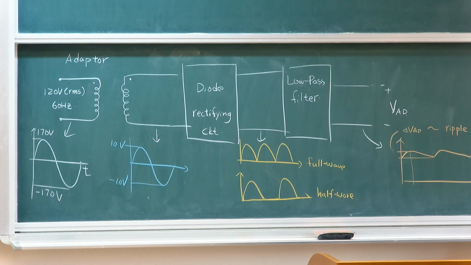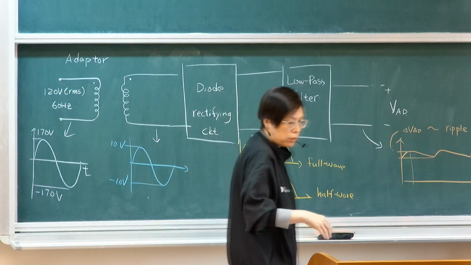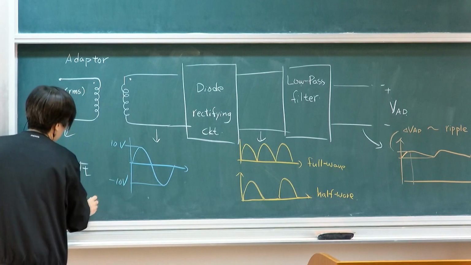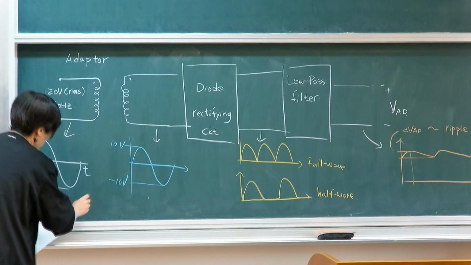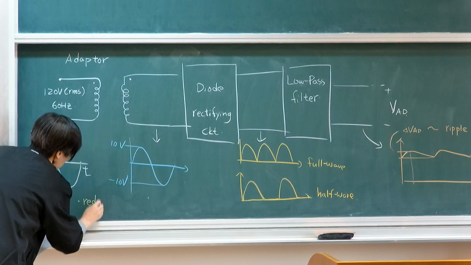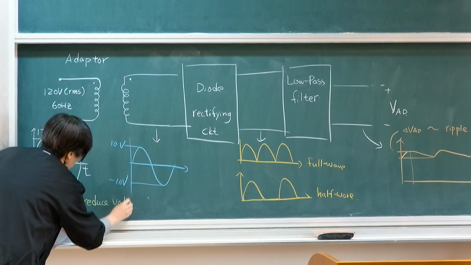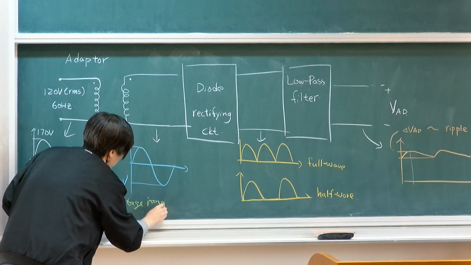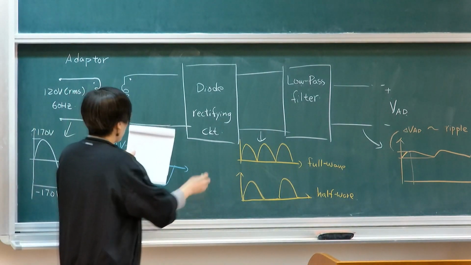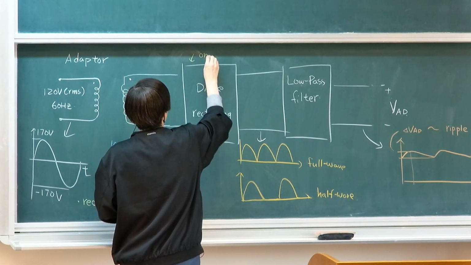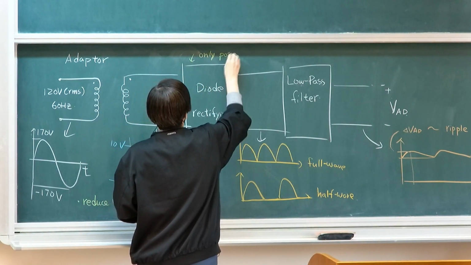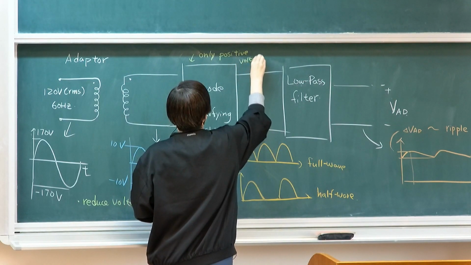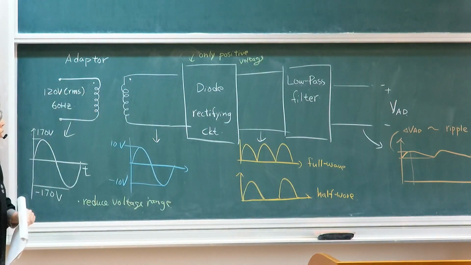Let me try to analyze the key parts of these circuits. The transformer: we already know its purpose is to modify your voltage range. Let me write down the function of each. The rectifying circuit is positive pass only, so it allows only positive voltage through.